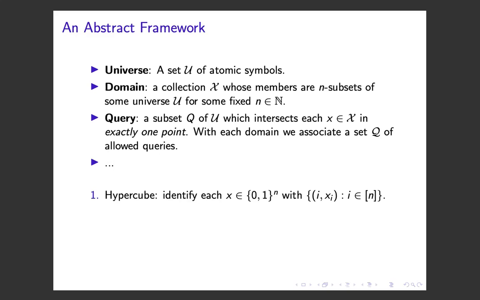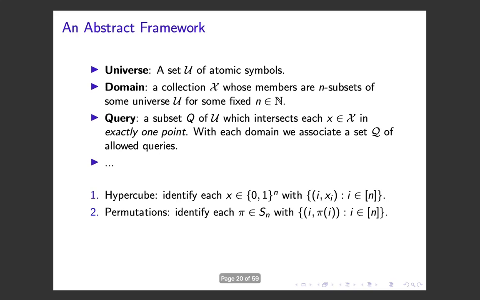Okay, so let's see how we can model these various other combinatorial domains in terms of this abstract framework. So let's start with the hypercube. We take a bit string and we're going to represent each coordinate as a pair, namely the index and its bit value. So we'll have one for each index, and there are n of those. So okay, let's move to permutations.